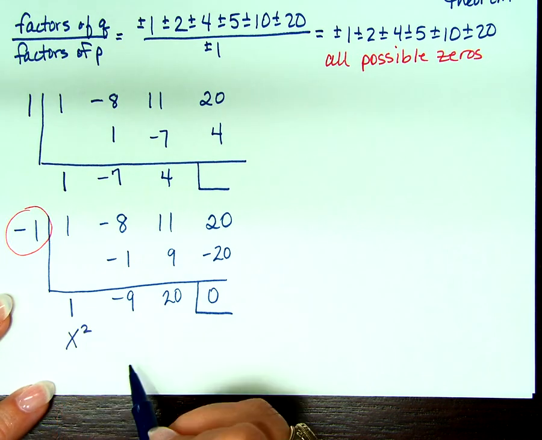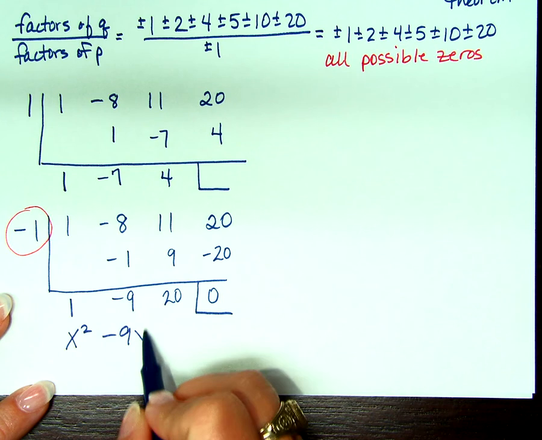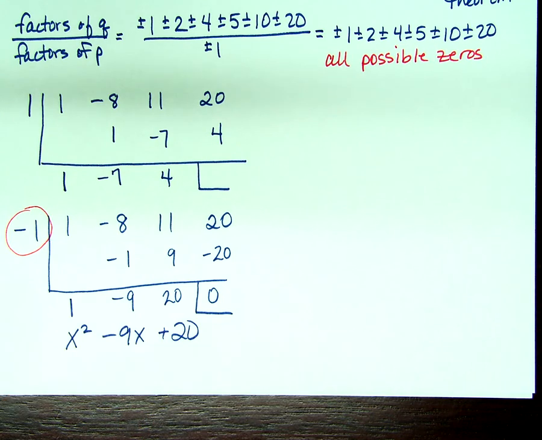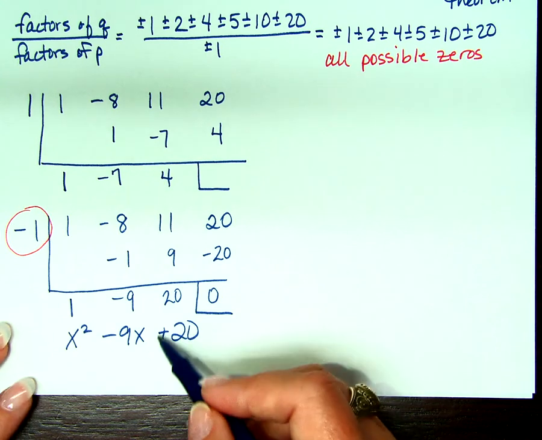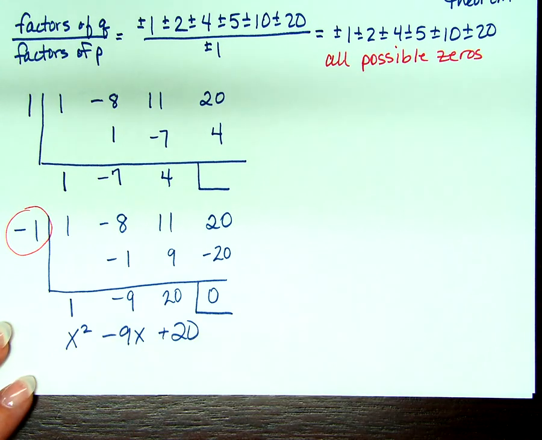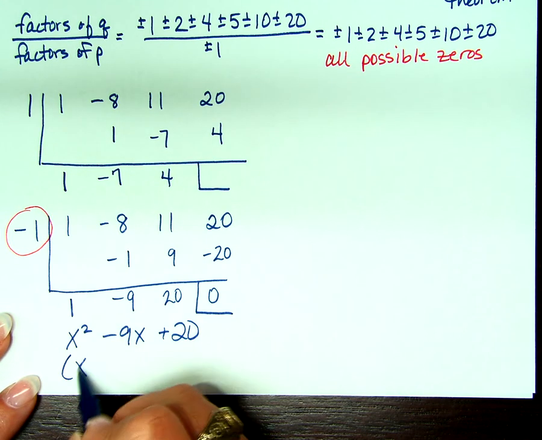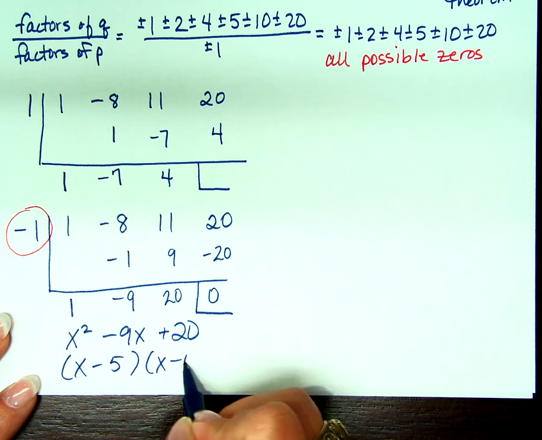X squared minus 9x plus 20. To me, that looks like a trinomial with a leading coefficient of 1. A equals 1. Can I do the shortcut on this? What two numbers multiply to be 20 and add to be negative 9? Negative 5 and negative 4.